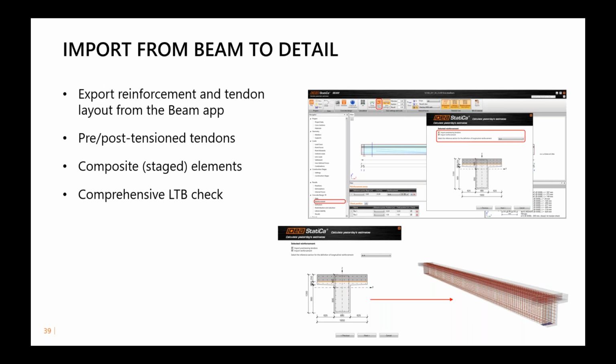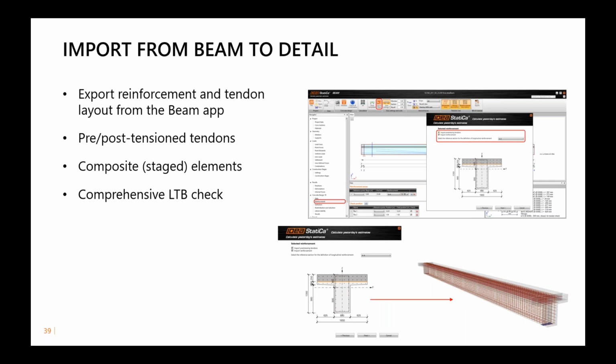And also because those members are tall, they are usually slender, so they tend to fail due to lateral torsional buckling. So right now you can check all those things in IDEA StatiCa Beam.